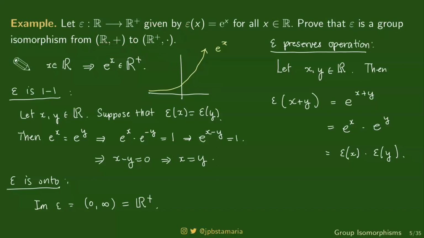Pag nag-add ka ng dalawang elements dito, yung corresponding elements nila dito, nagmo-multiply lang. Kumbaga, iba man yung itsura ng mga bagay na nandito, imagine mo, mga tao nandito, dito mga alien, no? Iba man ang itsura ng mga nandito, but basically they correspond to one another. Parang bawat isa dito may katapat doon. Okay?